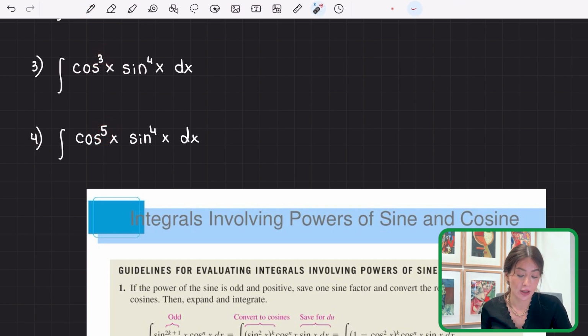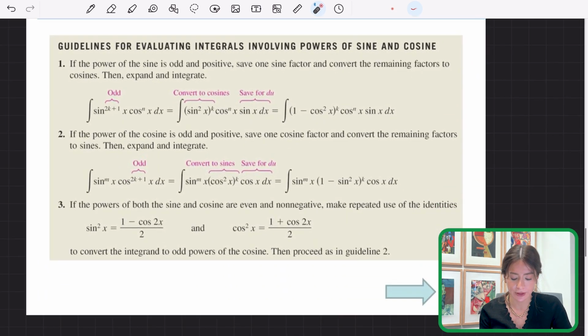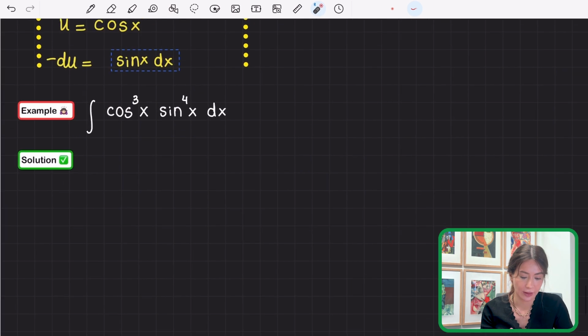In the first case, cube. In the second case, power 5. So we're going to do things to cosine. What the guideline tells you to do is save one cosine for du, and then you'll be left with cosine raised to the even power, right? And you'll see why we're going to do that.